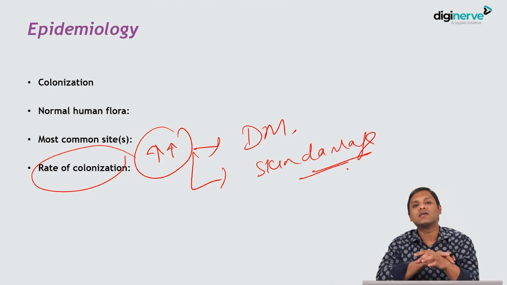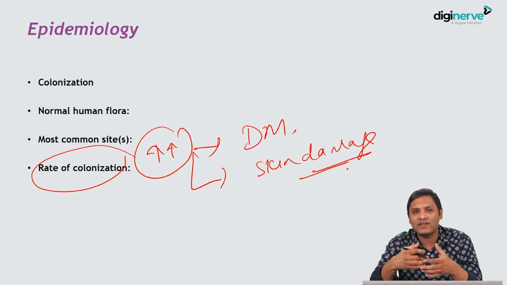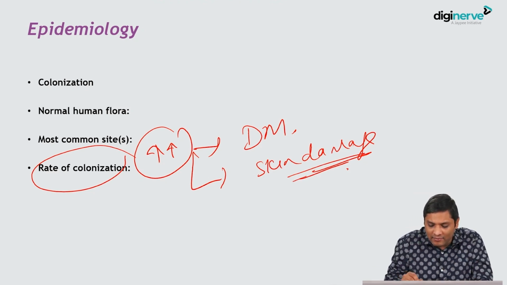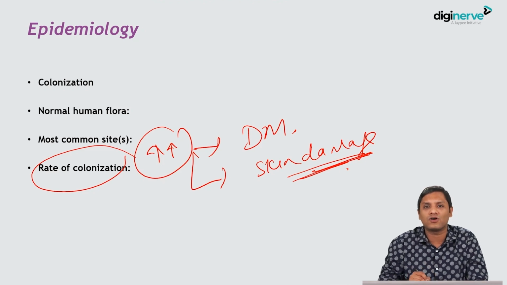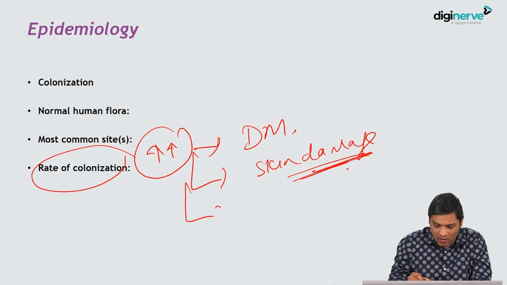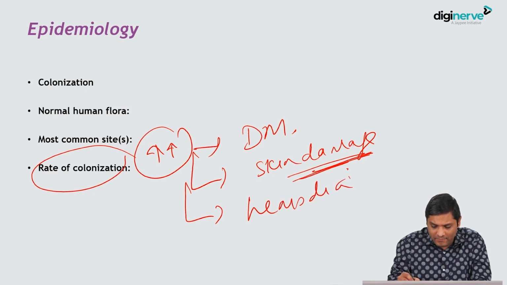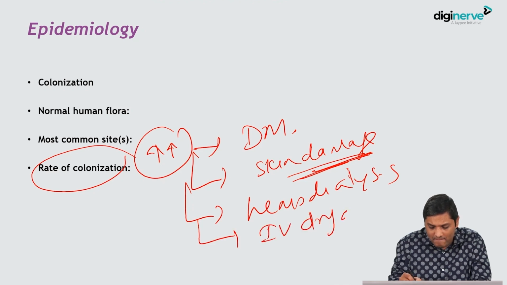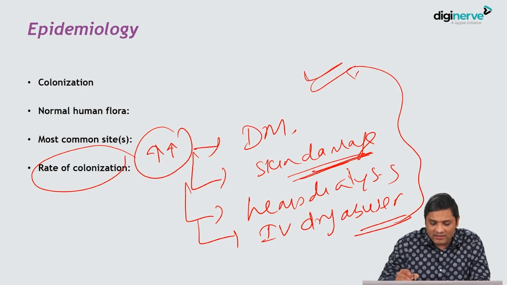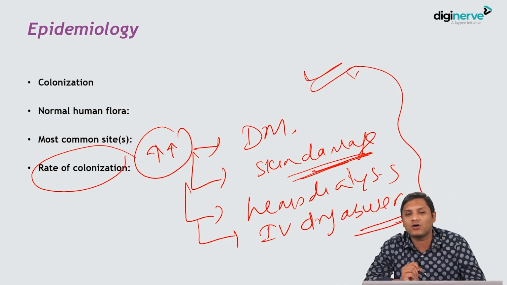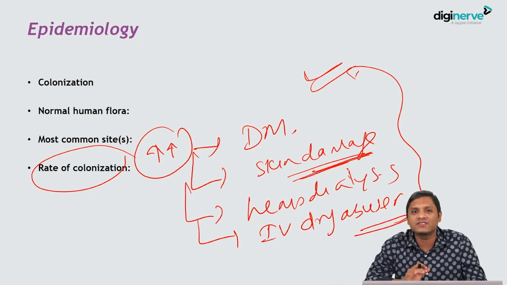If you have skin lesions or various other dermatological lesions, then the skin damage will promote Staphylococcus aureus colonization. Okay, also patients undergoing hemodialysis, IV drug abuse. Okay, so these are the various risk factors where Staphylococcus aureus colonization risk is more.